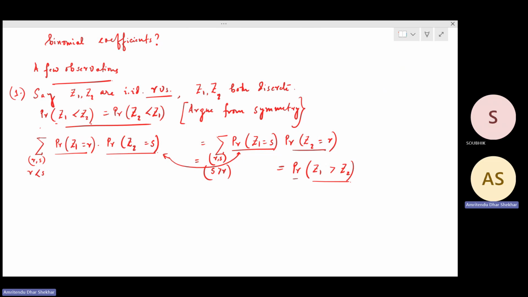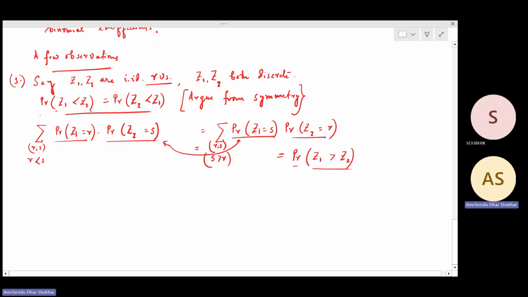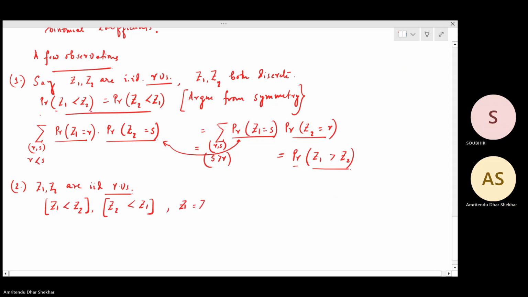If Z1 and Z2 are IID random variables, then there are three events possible. The first event is Z1 is smaller than Z2. Another event is Z2 is smaller than Z1. And another event is Z1 equals Z2.